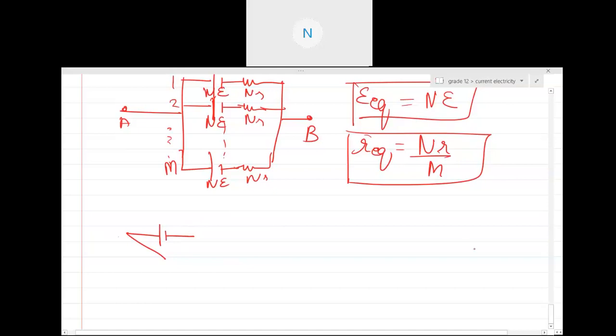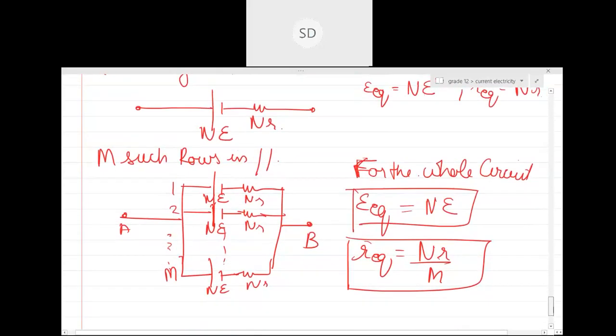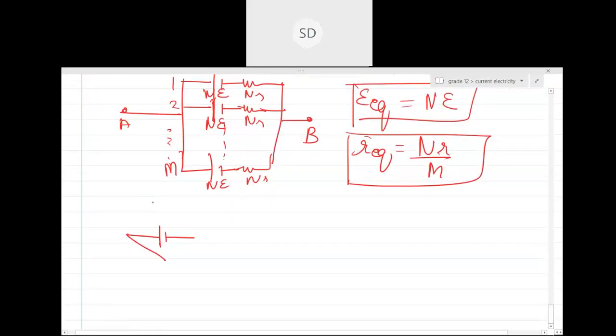You know how to deal with reverse polarity, right? Guys, do you know how will you deal with reverse polarity? I'll give you one question based on reverse polarity, so at least you get an idea how to deal with it. Let's say this is 5 volt, this is 3 ohm.